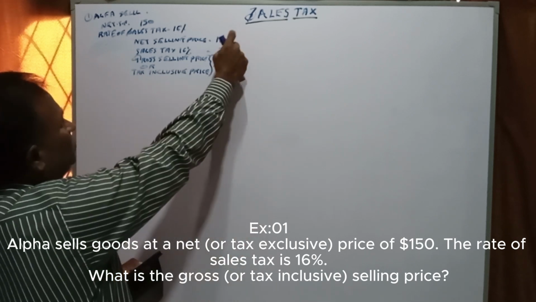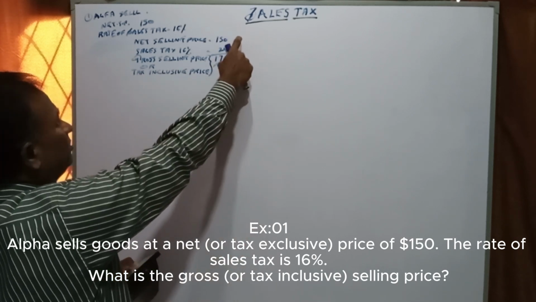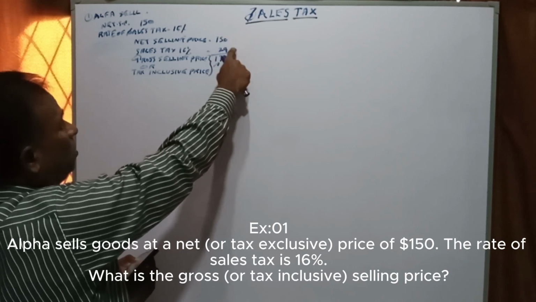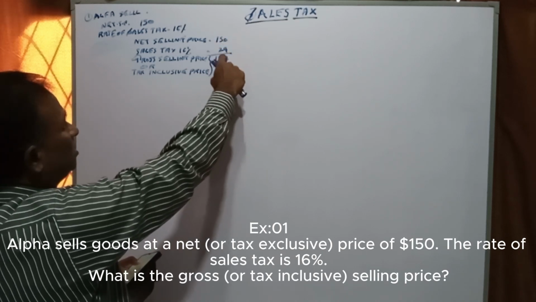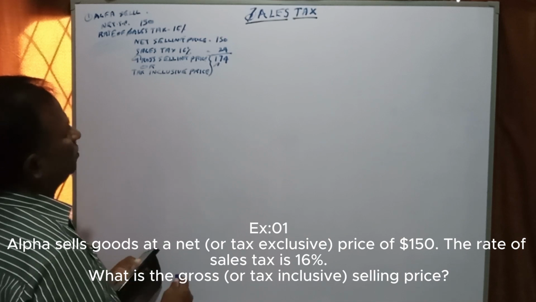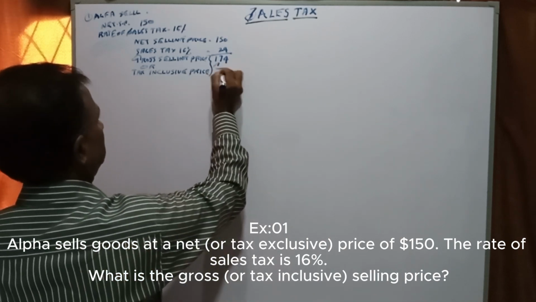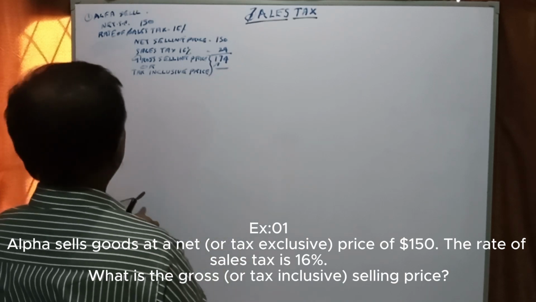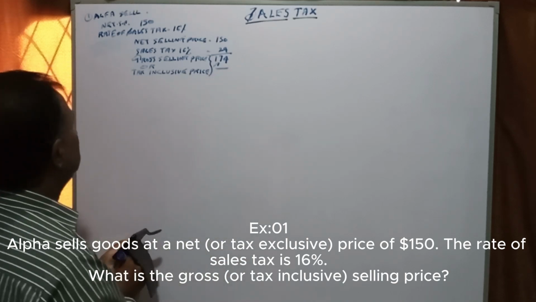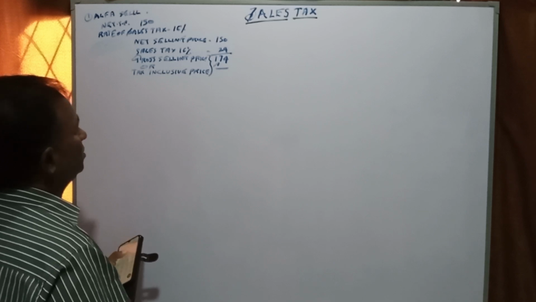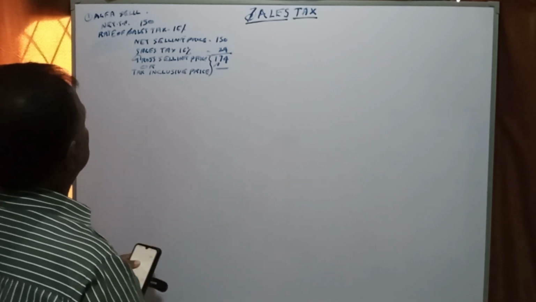So we add it to the current selling price, and the amount is 174. That is known as the gross selling price or tax inclusive price.